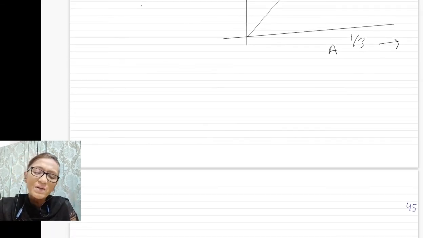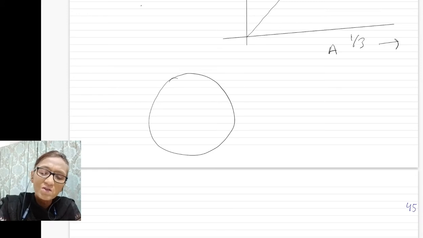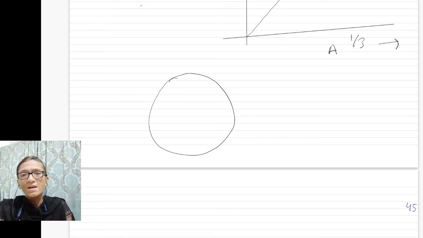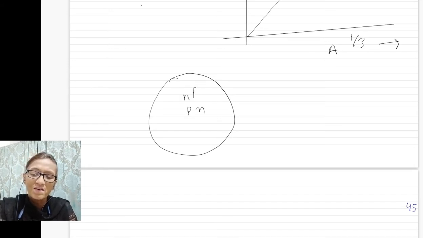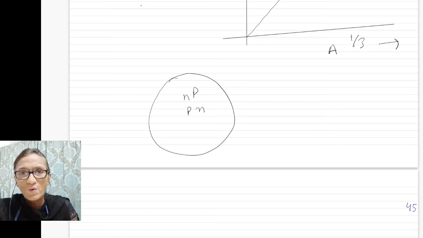So here we know that the nucleus is of spherical shape. Now we do not know how the nucleons are arranged inside any nucleus. We do not know whether protons and neutrons are evenly distributed, one proton, one neutron, one neutron, one proton, how they are placed inside the nucleus.